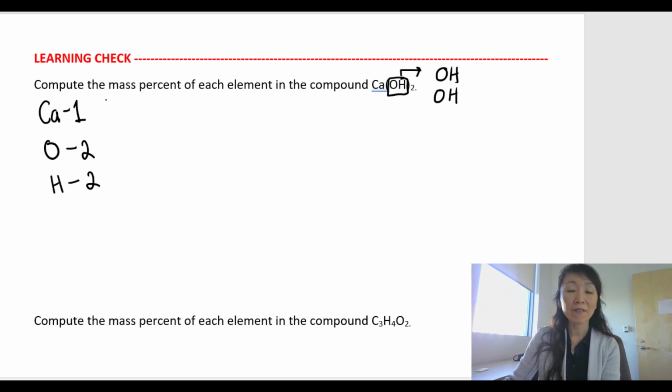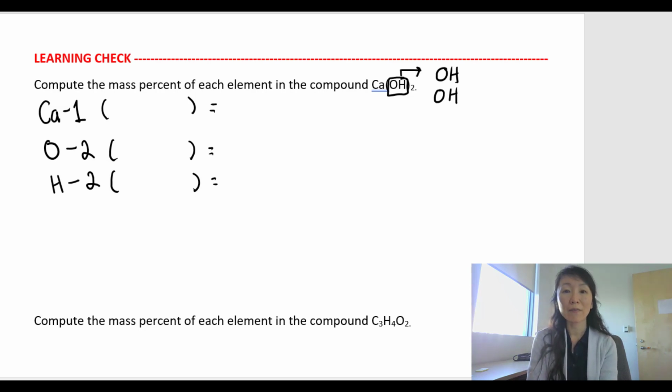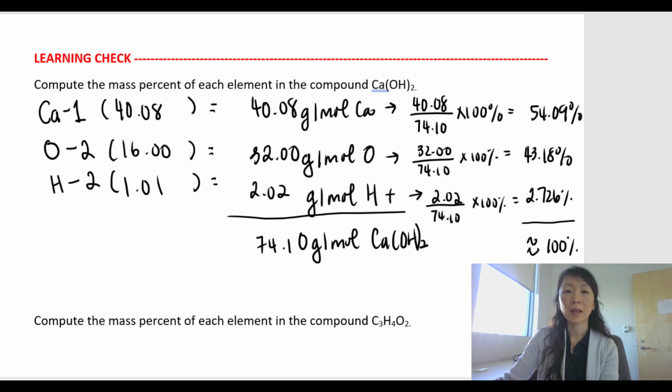Now go ahead and find the molar mass of each element, which is right under the periodic table, and see what you get for each element. And then come back and check for that value and also the mass percentage. So coming back, this is the key.